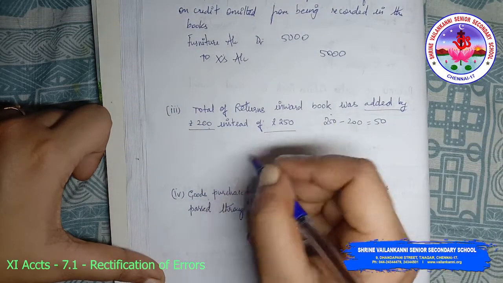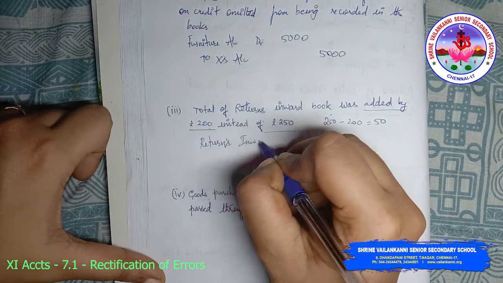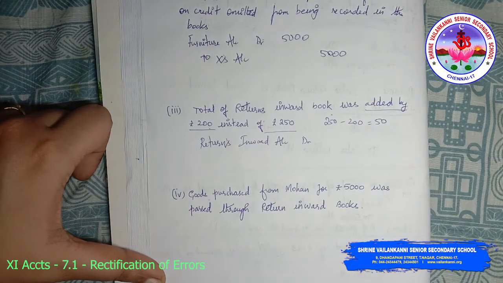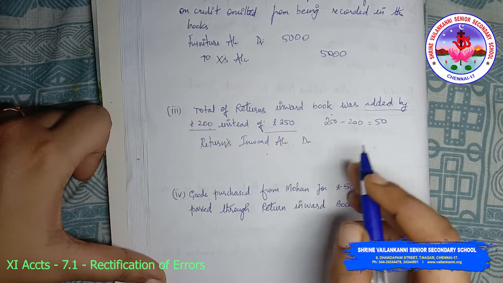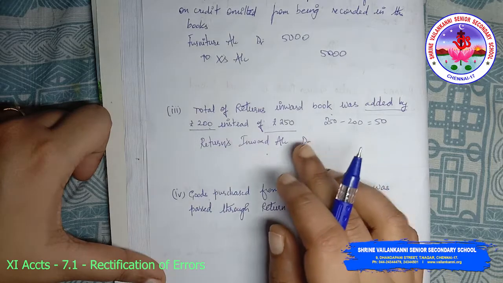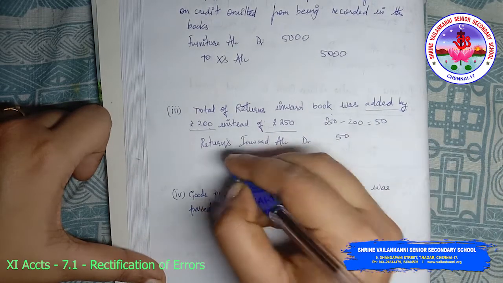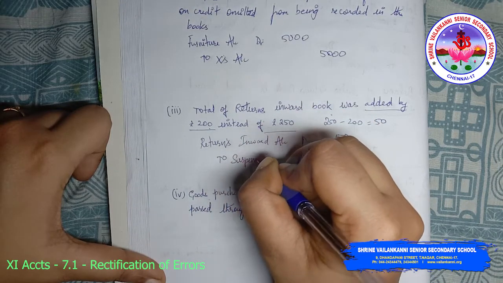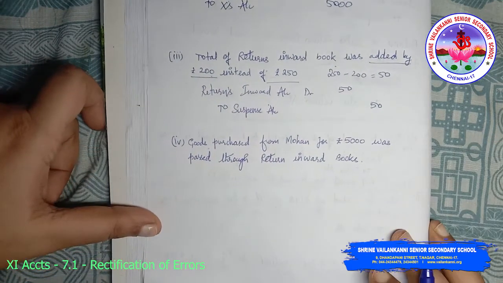So the entry will be returns inward account debit, because returns inward is like a sales return. Sales is to be credit, so opposite of sales will be debit. So return inward account debit 50 to suspense account. Okay, so this is the transaction.